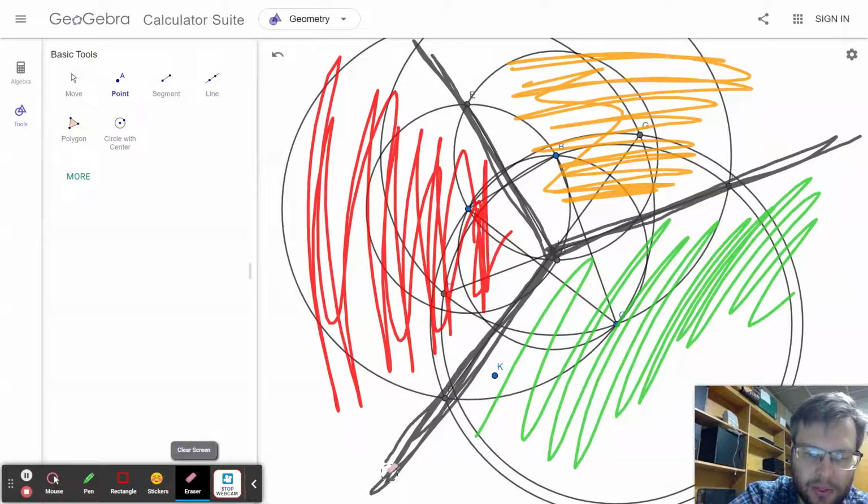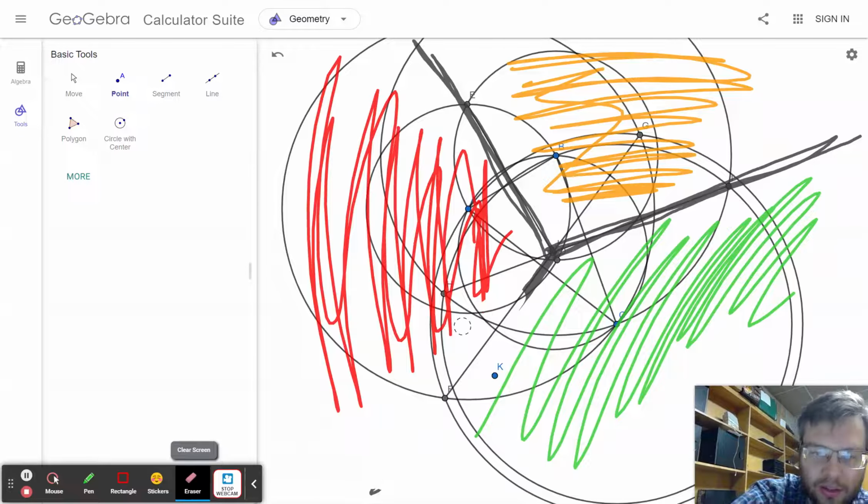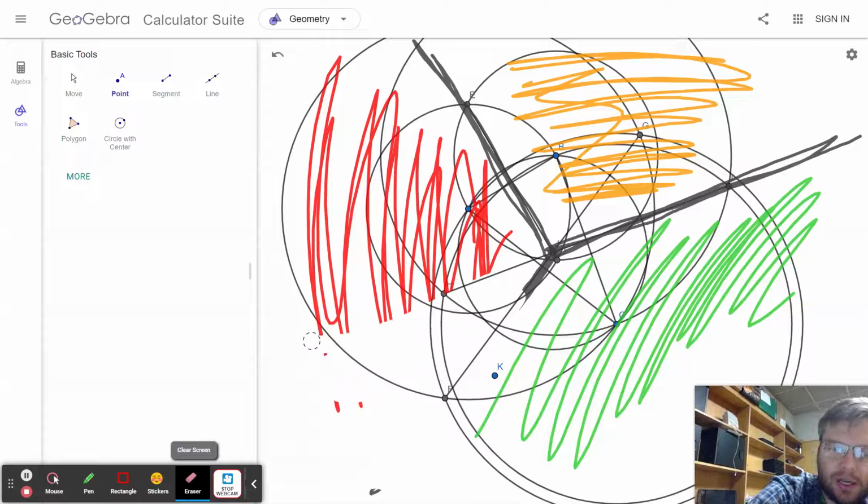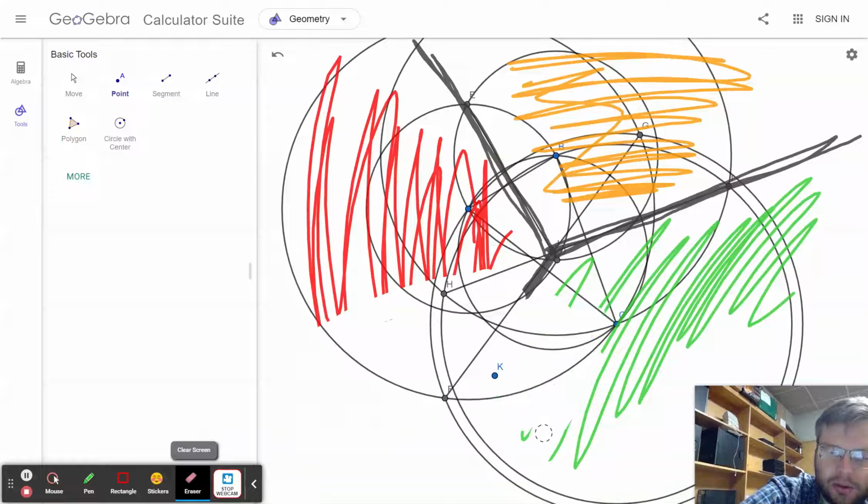So I'm going to erase some of the stuff around here just so we can see what's going on. And I'm basically going to do the same thing one more time just to see how my new school, which is called K, is going to affect the red and the green zones.